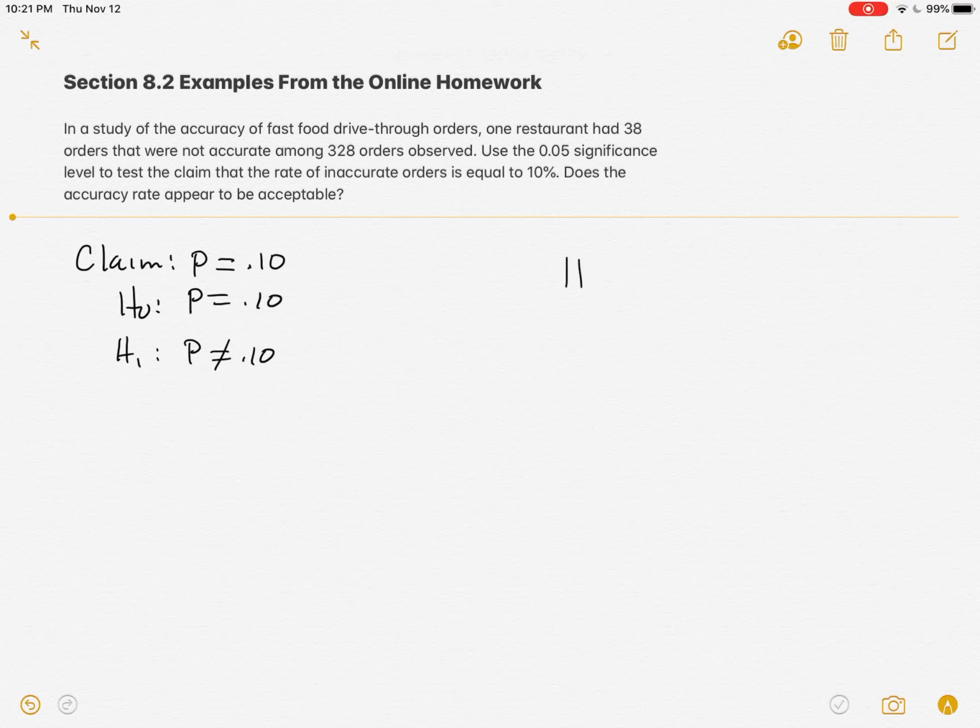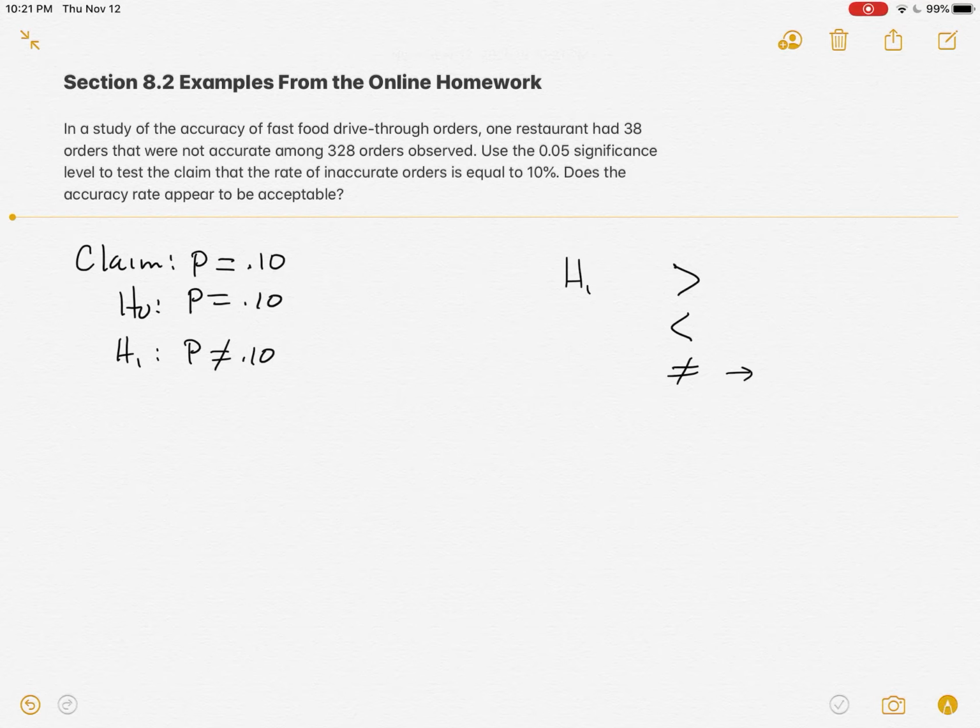So remember, for H1, the three symbols that could be in play are greater than, less than, or not equal to, nothing else. The alternative hypothesis H1 has to be a statement that does not include an equality. And so whenever our claim is not in the alternative form, this is the one instance where our alternative hypothesis will be different.